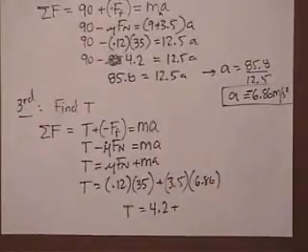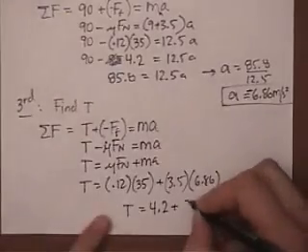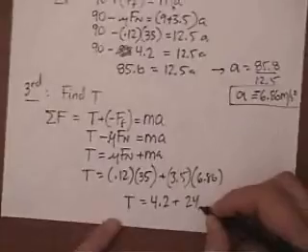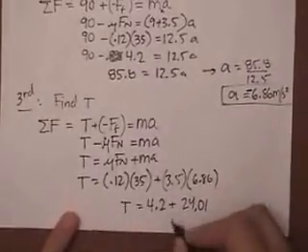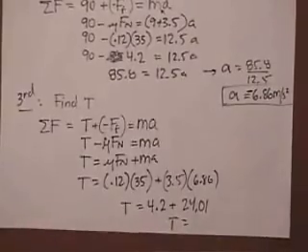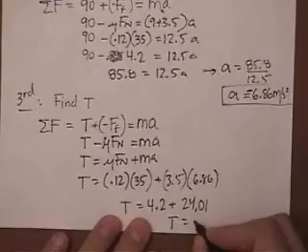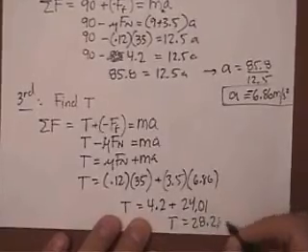Add it to 3.5 times 6.86, that's 24.01. So your tension ends up equaling 28.21 newtons.